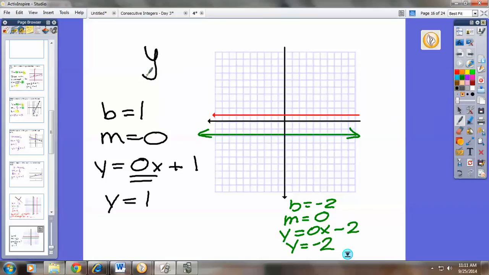If I take the Y and flip it upside down, doesn't it look like an H for horizontal? That might be a way to remember. If you have a horizontal line, it's going to be y equals something.